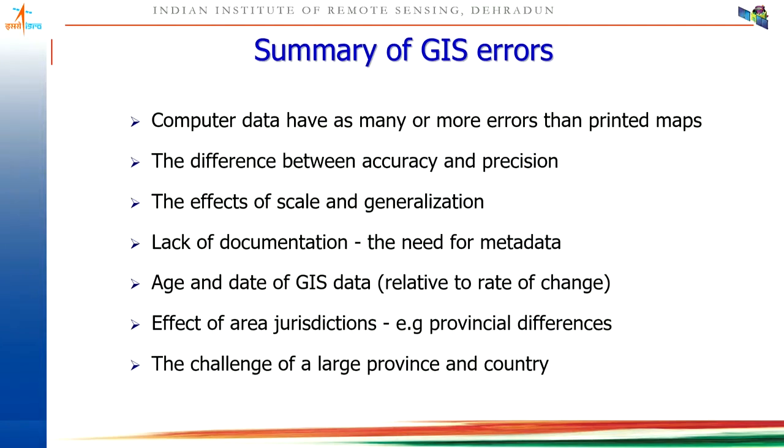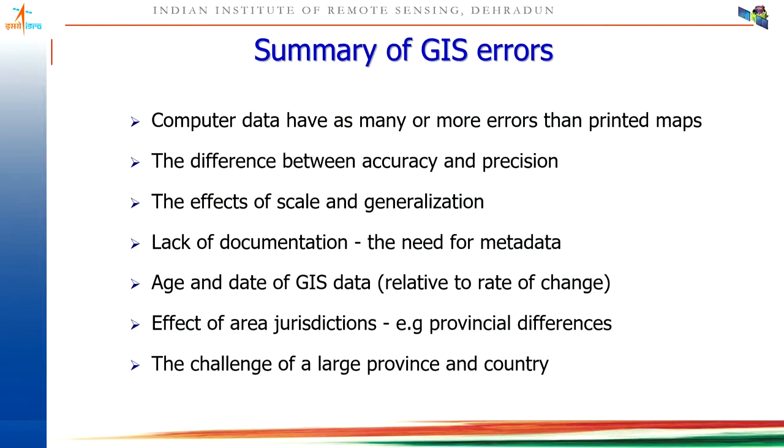So this is a summary here. Computer data have as many or more errors than printed maps. You know the difference between accuracy and precision. Then the effect of scale and generalization, lack of documentation, and the need for metadata are very important, because metadata is a typical document of your geospatial data which is necessarily required.